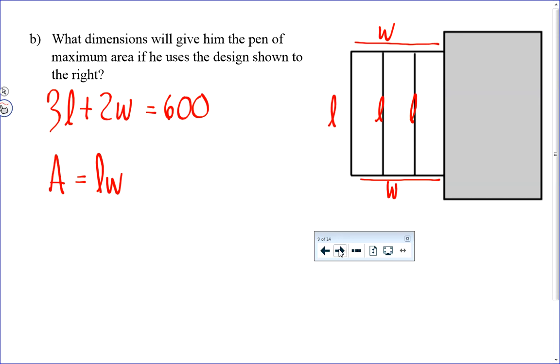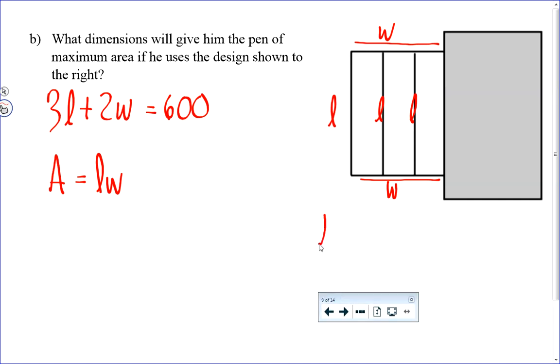If you rearrange this equation of constraint for L, you're going to get L equals negative 2/3 W plus 200. So you're going to be getting a fraction. What I did there is I moved the 2W to the other side where it becomes negative, and I divided everything by 3.